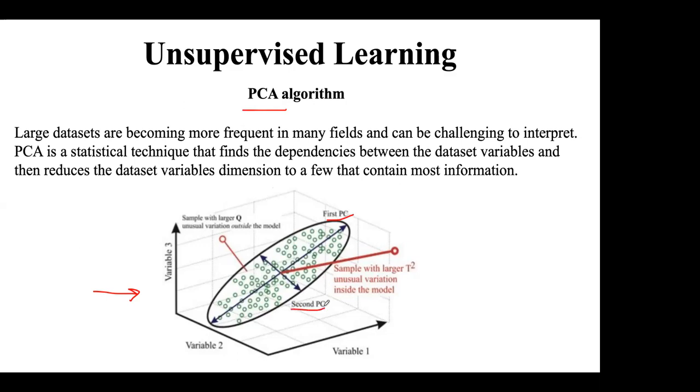And always, the first principal component means that the data has more variance along the first principal component. It means that the first principal component contains more information about our dataset, and then the second principal component contains the next most information. You can imagine that we have a dataset that has 200 dimensions.